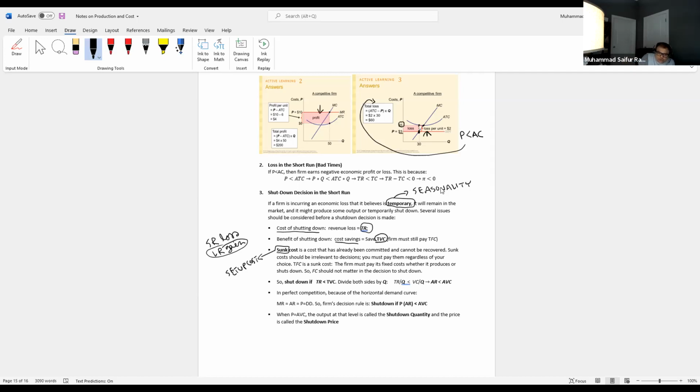Okay, so total fixed cost, the cost of that machine, that building, that electricity utility lines, they are all sunk costs. Now the importance about sunk cost is that when a firm is trying to make these remarkably important decisions about shutting down or continuing to produce at a loss, sunk costs do not matter.